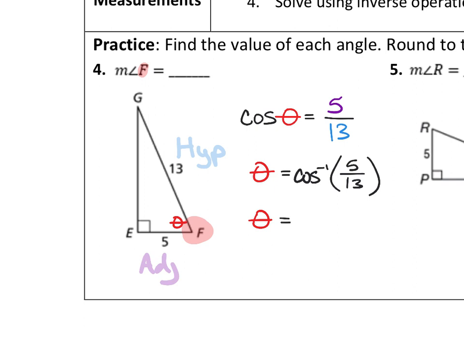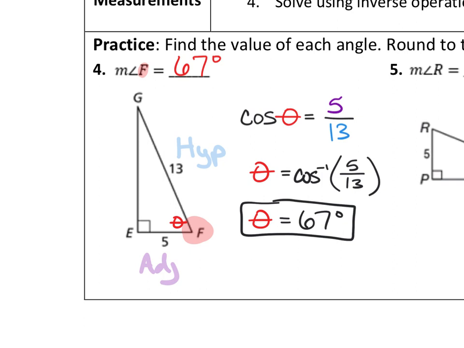What did you get? 67 degrees. Very good. So 67 degrees is the angle of theta. So to answer the question up here, angle F is equal to 67 degrees. So it's like the problems from last class, but we're not solving for a side, we're solving for the angles. But we're still using trigonometry to do it.